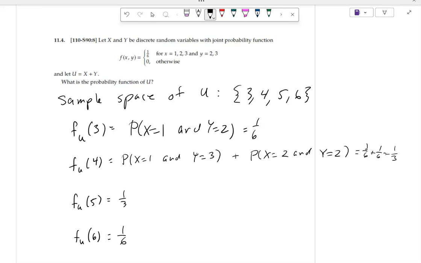It's not just that the space is rectangular. It's that the space is rectangular and the joint PMF is the product of the marginals. So I'd still have to compute the marginals. Not that they're that difficult in this case, but you would still have to do it and multiply them together.